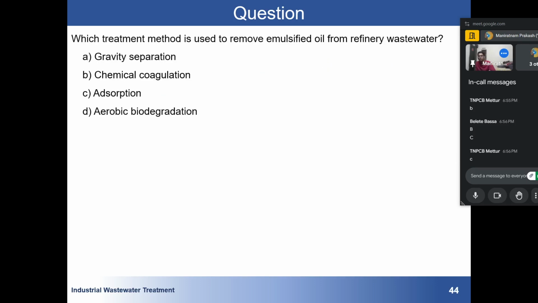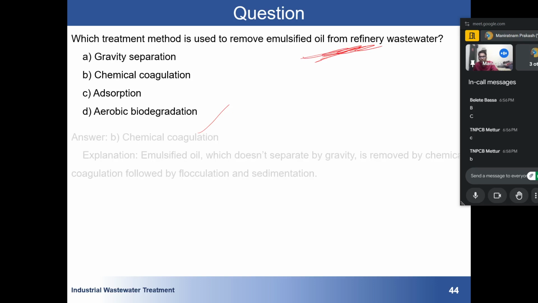Good. Which treatment method is used to remove emulsified oil from refinery wastewater?